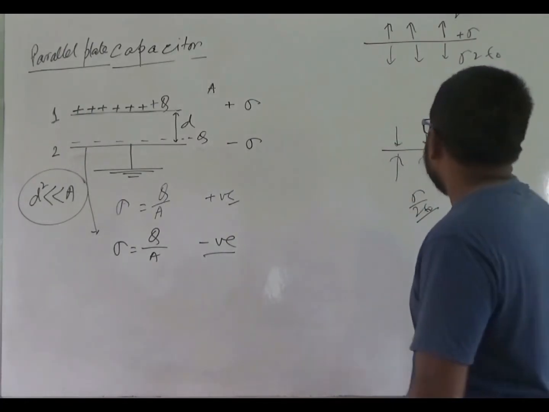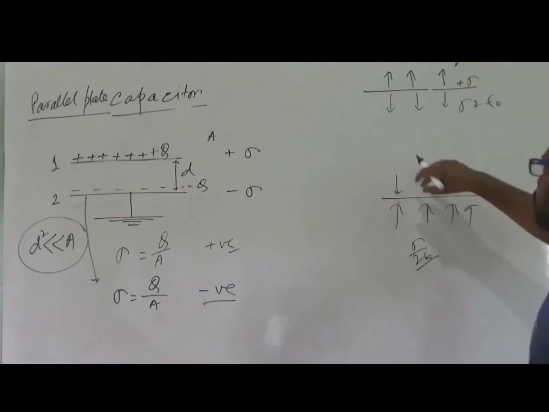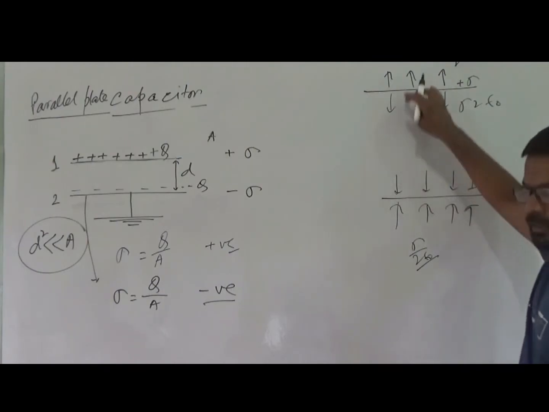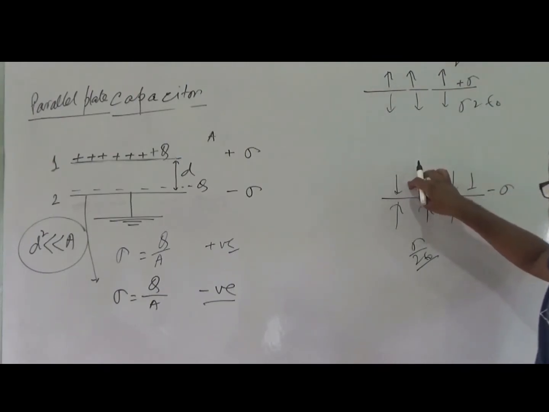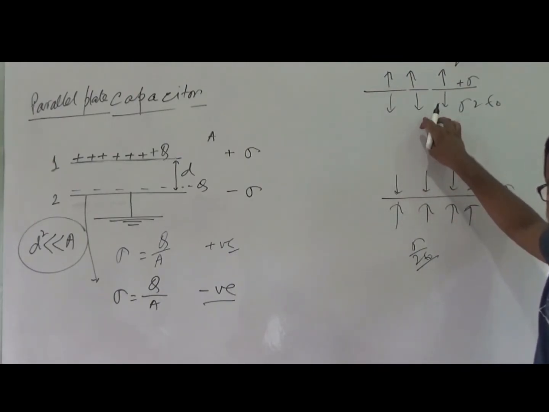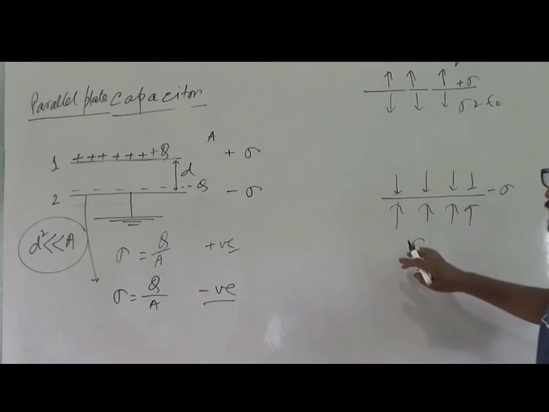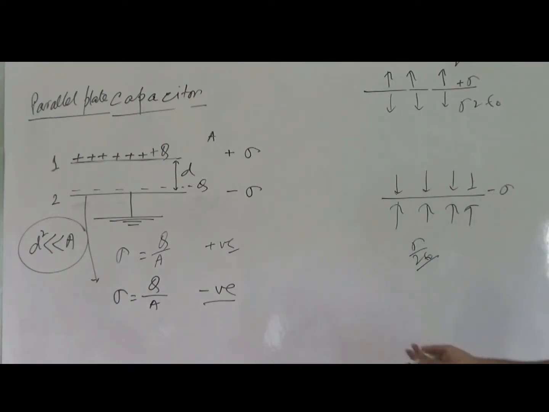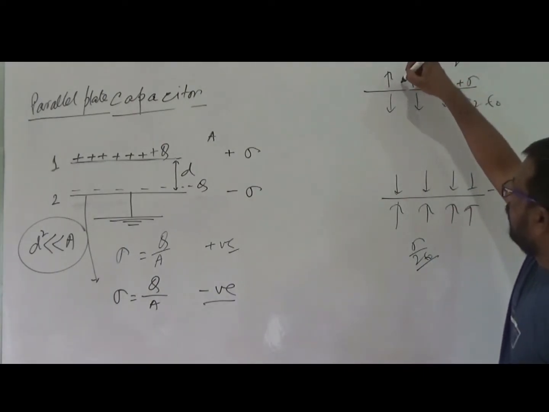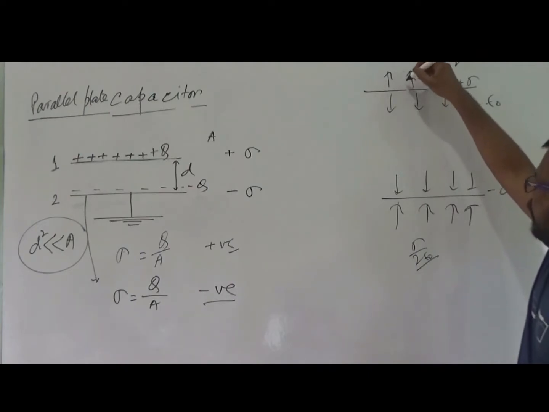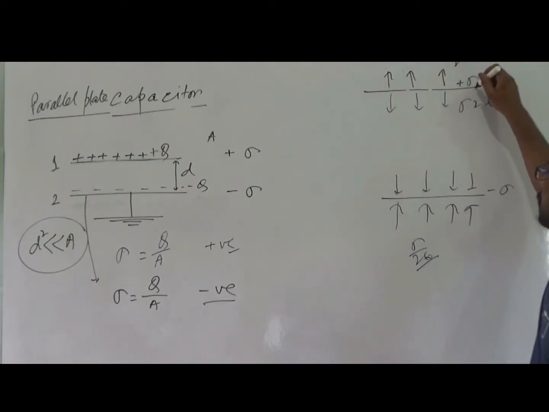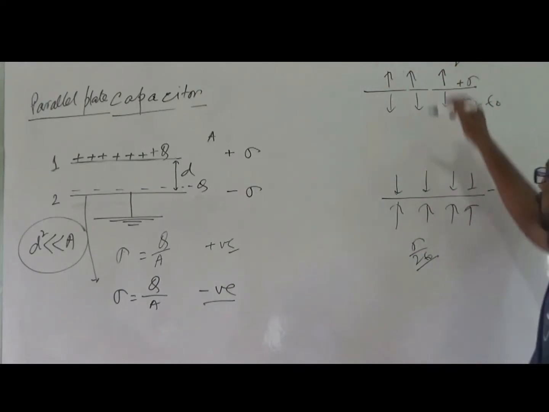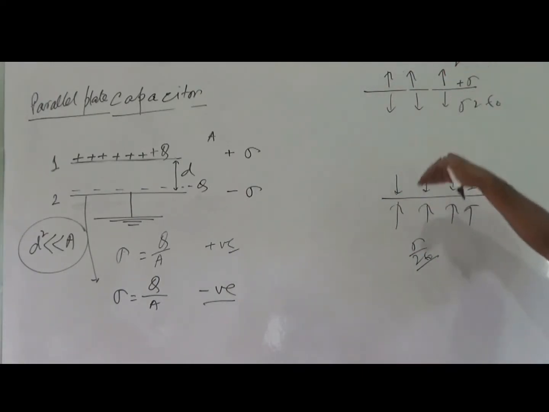Is it clear? Now if these two plates are close to each other, then what happens? In between the plates, the field is added, and on the other side of the plates, the field due to this plate will be away, but due to this plate will be towards the plate.